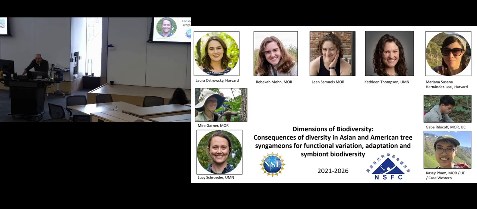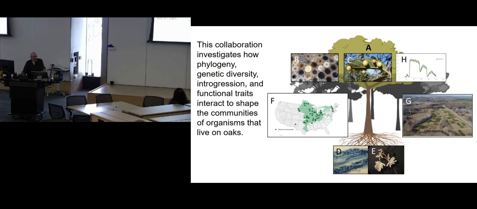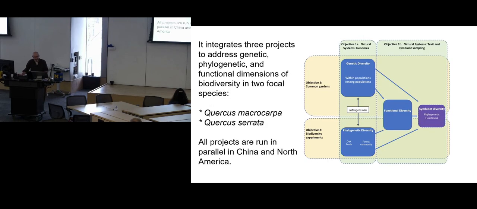The focus of this project is to understand how phylogeny, evolutionary history, genetic diversity within species, introgression, the movement of genes between species by hybridization, and functional traits interact to shape the communities of organisms that live on oaks, so the fungi and the insects that live on oaks.